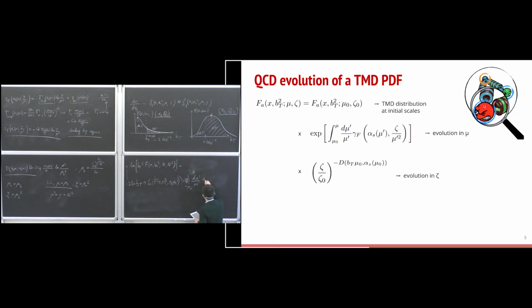Then you have alpha strong of mu prime times the log of q squared divided by mu prime squared. Do we all agree? Does everybody agree? Okay.